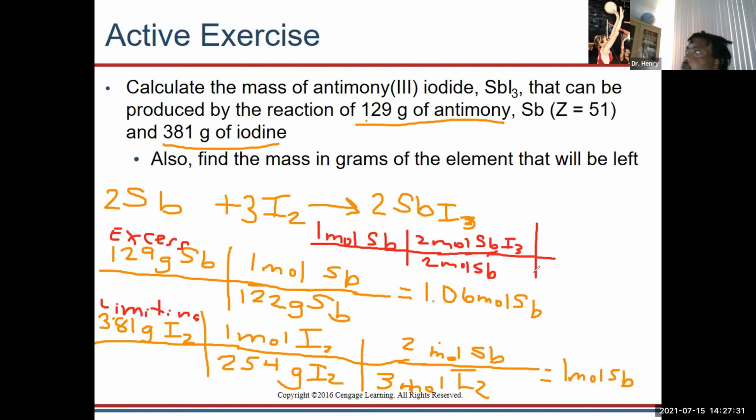Okay, the molar mass of antimony 3 iodide: 122 plus 127 times 3. So 1 mole of SbI3 is 503 grams.